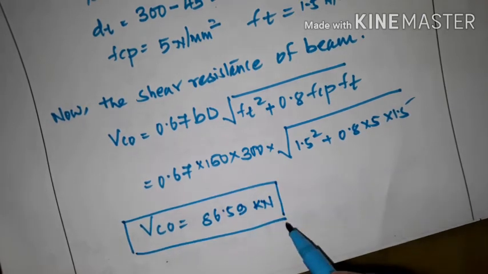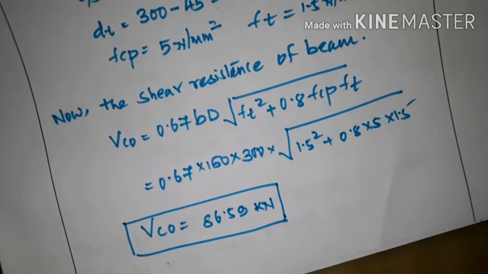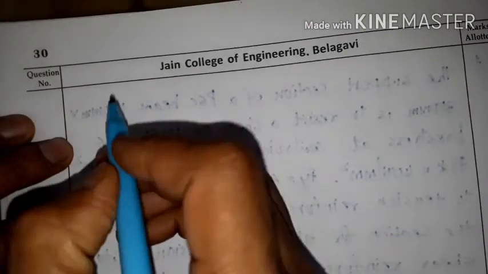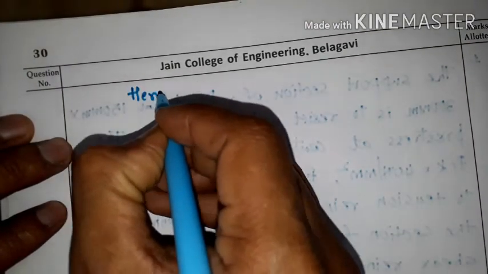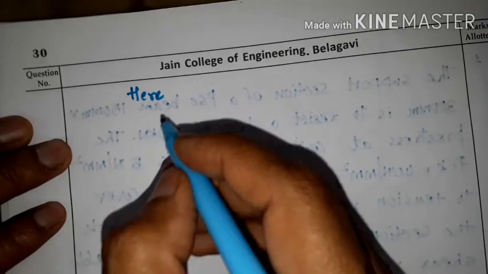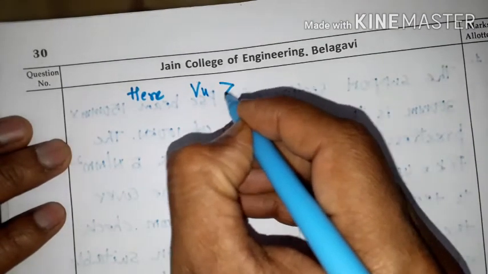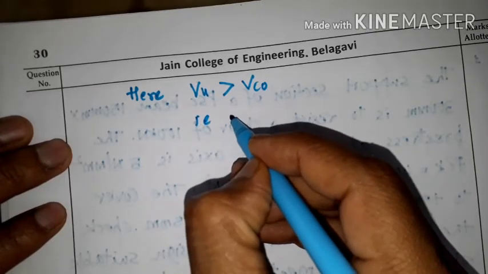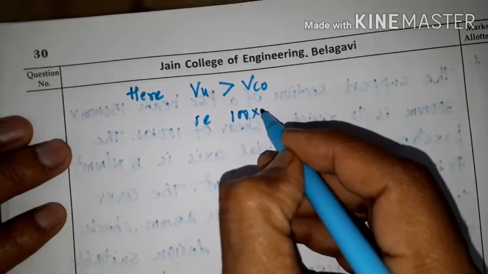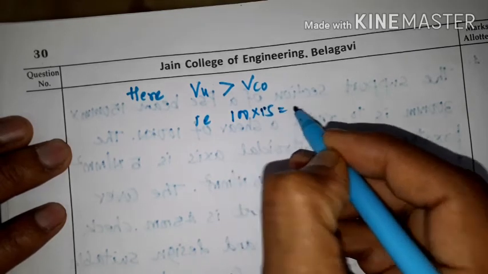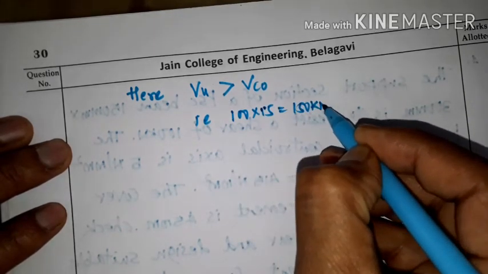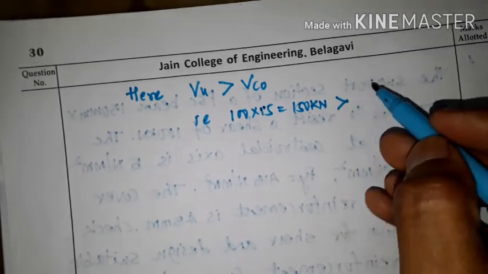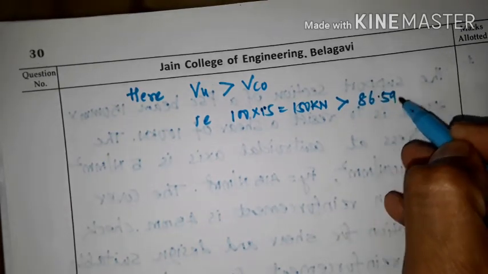Okay, understood. Now we have to compare. So here, after comparing, VU is more than VCO, that is VU is 100 into 1.5, it is 150 kilonewton, which is more than VCO, that is 86.59 kilonewton.